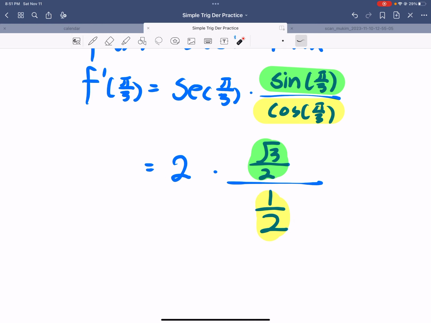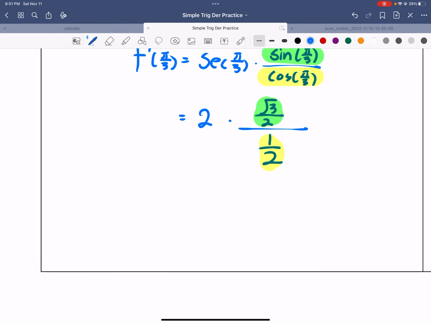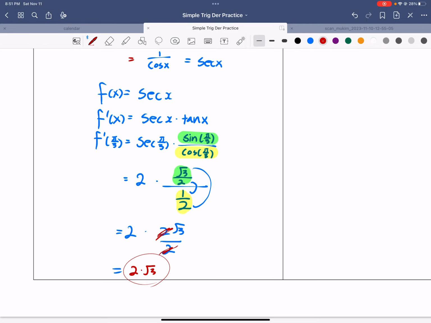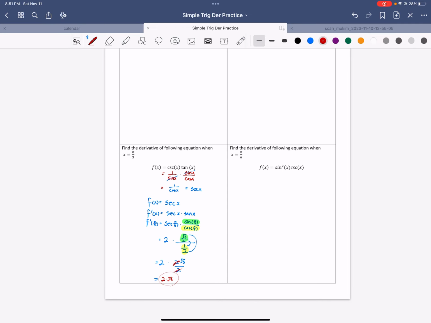So as you can see, if you simplify this one, inside goes to the bottom, outside goes to the top. It's like 2 square root of 3, right? Let's simplify this one. You can either do it like this, or you can do it like this, whichever you want. But at the end, if I cancel this 2 out, you're gonna get 2 times square root of 3. That's it. Like this nice and simple answer.